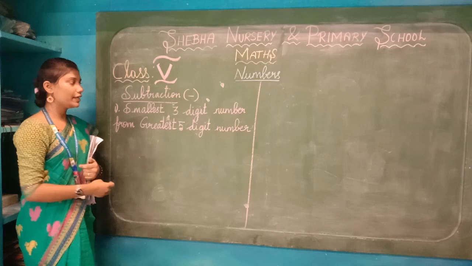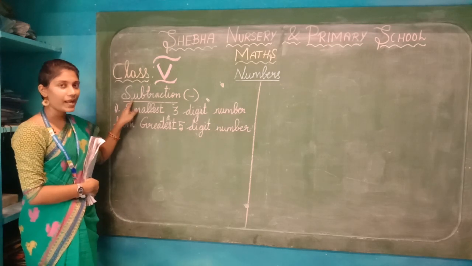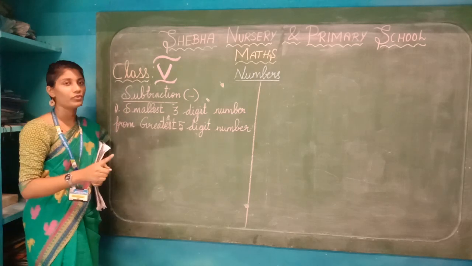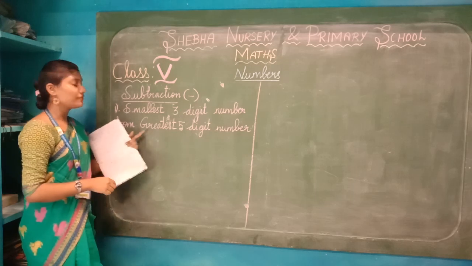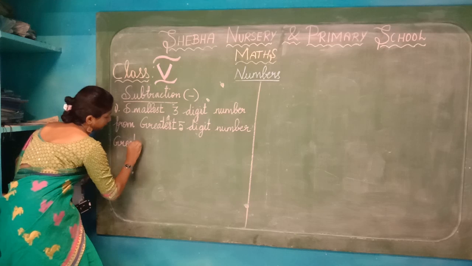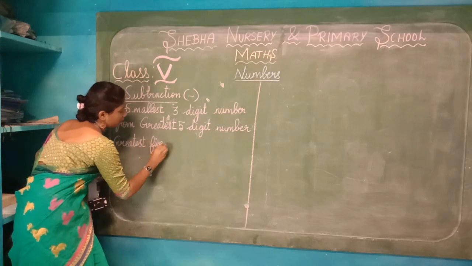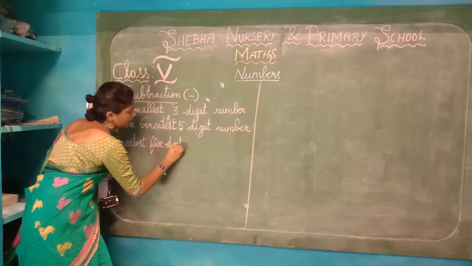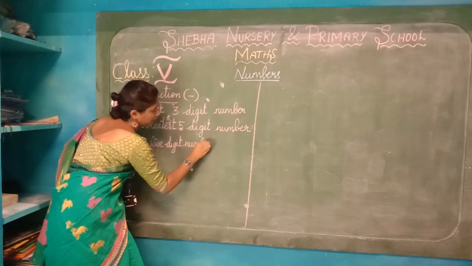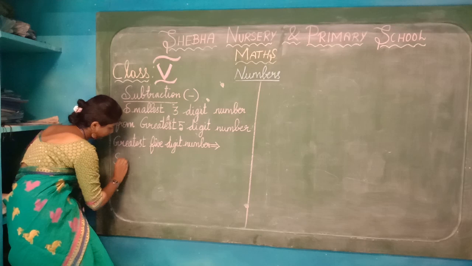Children, already I told you what is the smallest number and greatest number. In subtraction, first you have to write the greatest number and after that you have to write the smallest number. Okay children, first we have to write the greatest 5-digit number, and then the smallest 3-digit number.